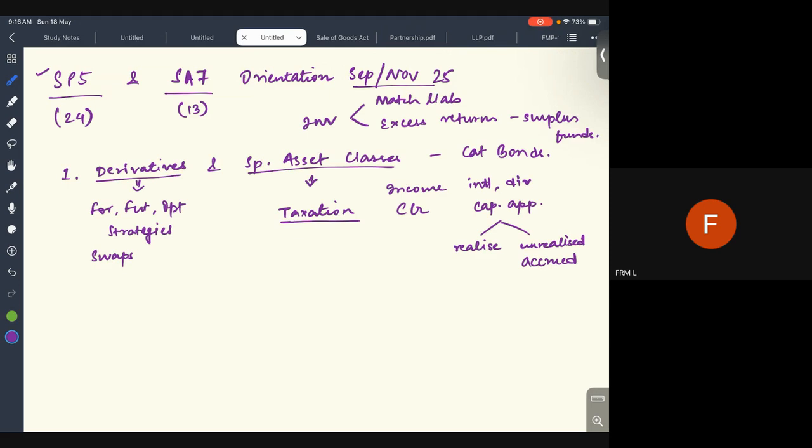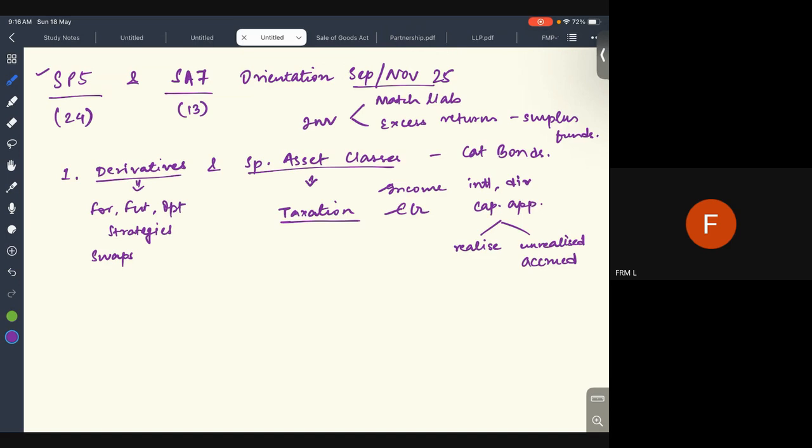Even if you are holding the asset and there is a significant change in value, you will be asked to pay tax on that change in value. So that is the unrealized or accrued capital gains. So in a taxation regime, how do they treat or how do they tax both these kinds of incomes, whether it's a general income or a capital gain?